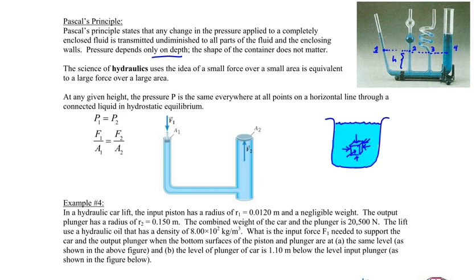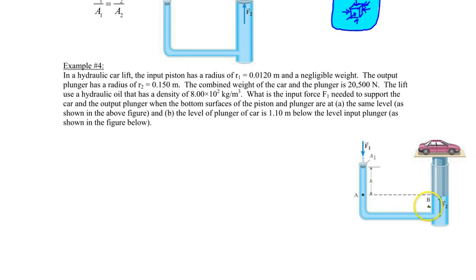Now this principle is quite important in the science of hydraulics. When you need to get your muffler changed on a truck, for example, it has to be lifted by some mechanism called a hydraulic lift. You can see in the picture below a hydraulic lift that is lifting up this vehicle.